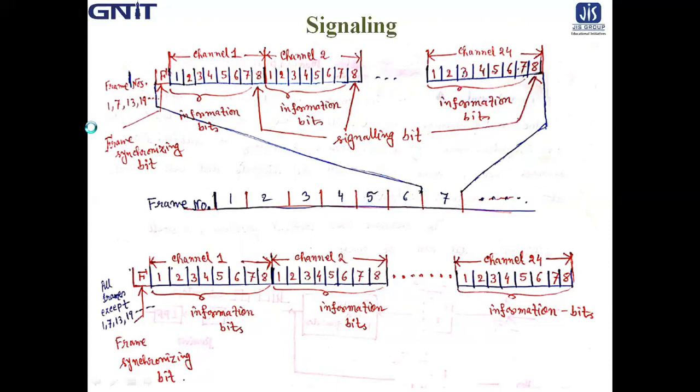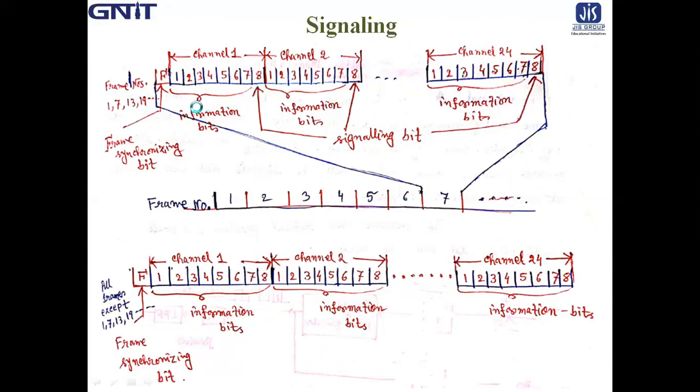In every 6th frame, what I am saying, the first bit is the frame synchronization bit. In every 6th frame, the first 7 bits are information bits.